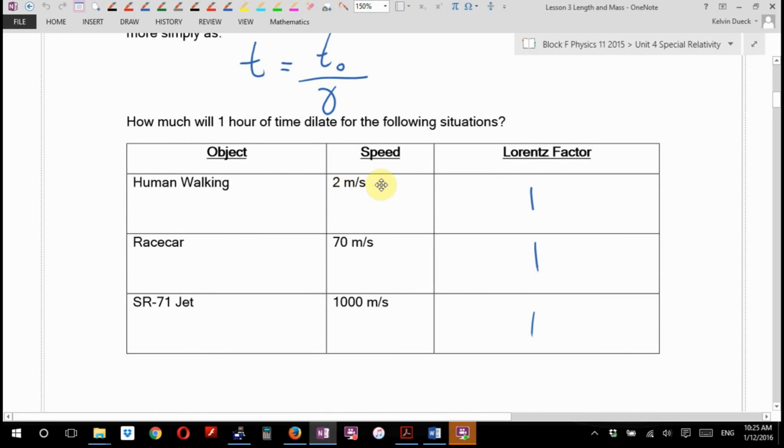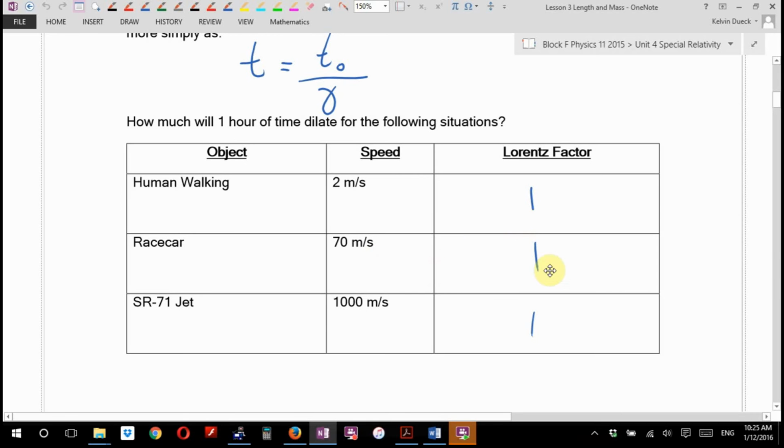We asked, how much does time slow down for a human being walking? And when I ran the numbers, even on my fancy schmancy really good calculator, all the decimals vanished and I got 1. For a human being walking compared to you standing still, time is 1 to 1. My calculator, although technically there is a difference, can't keep track of those decimals. It's so small.